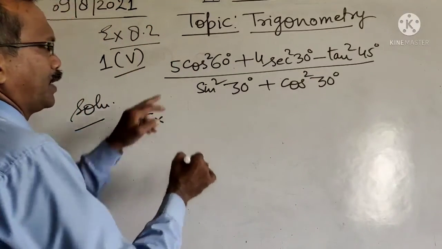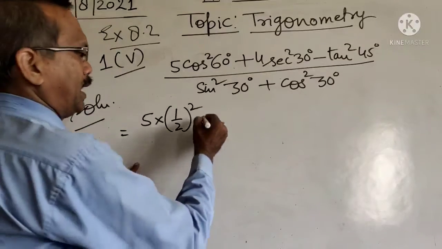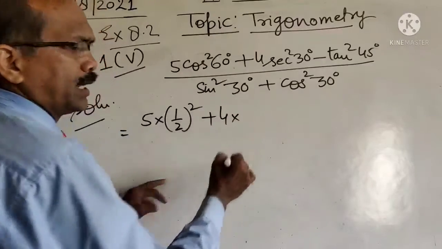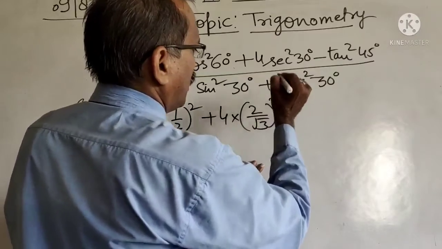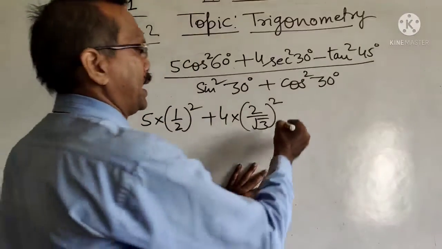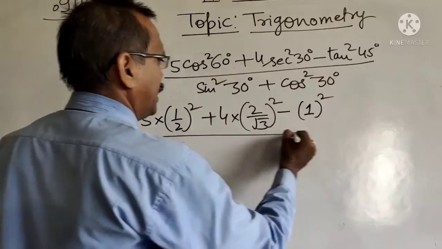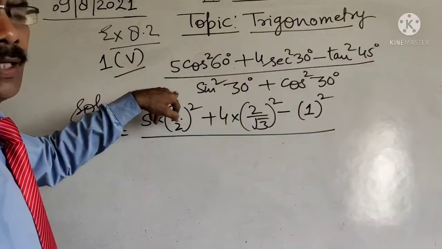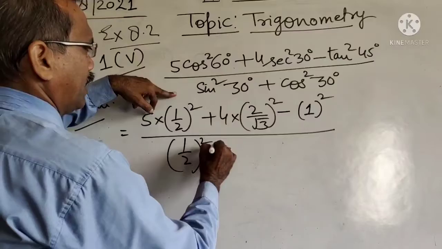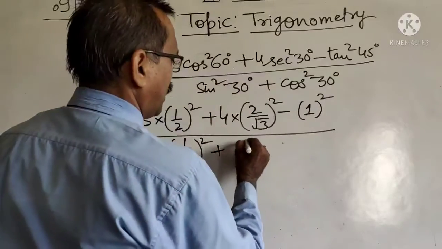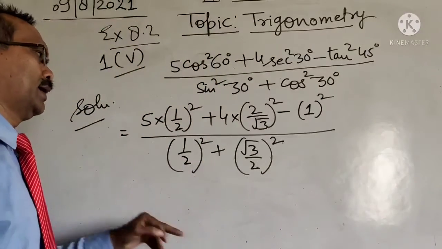So it is 5 into cos 60 is 1 upon 2 whole square, plus 4 into sec 30 is 2 upon root 3 whole square, minus tan 45 is 1 whole square, divided by sin 30 degree is 1 upon 2 whole square plus cos 30 is root 3 by 2 whole square.